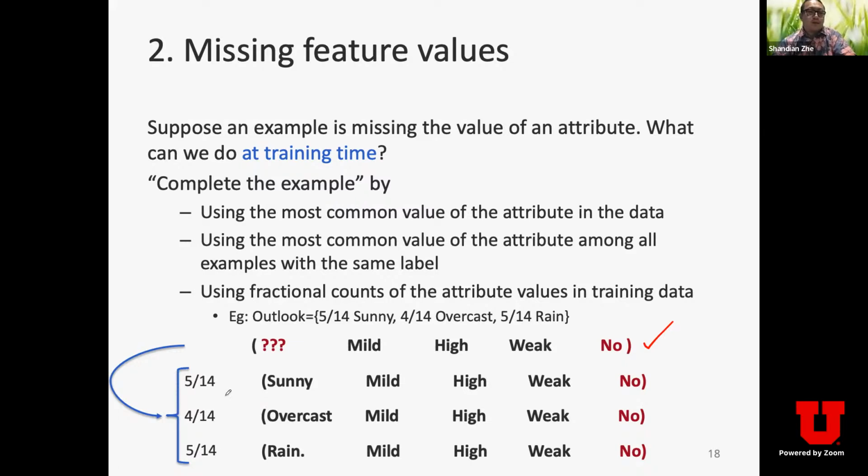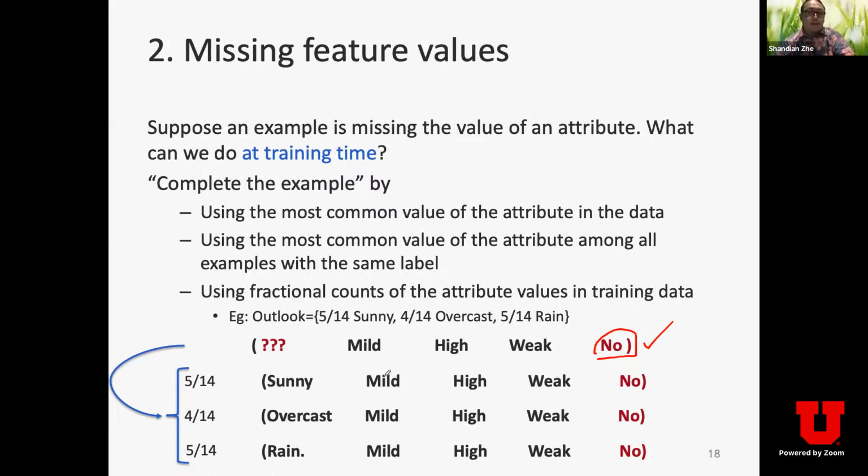And the fraction itself is determined by the proportion of the corresponding outlook value across the entire data set, which is 5 over 14 for the sunny choice, 4 over 14 for the overcast choice, and 5 over 14 for the rain choice. And they are all negative examples because the original incomplete example is a negative example.